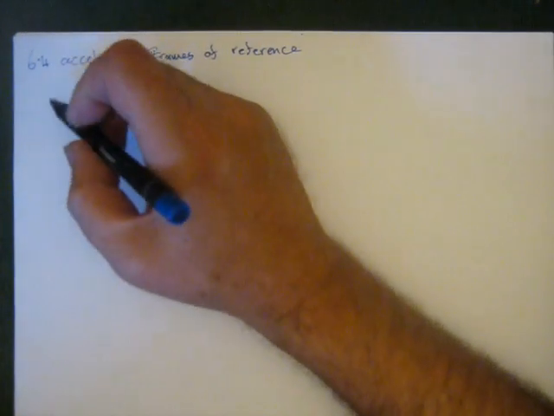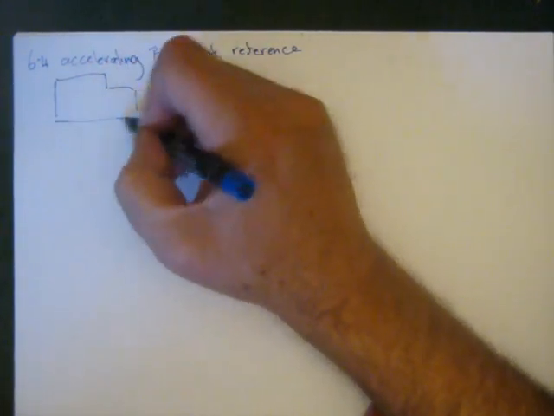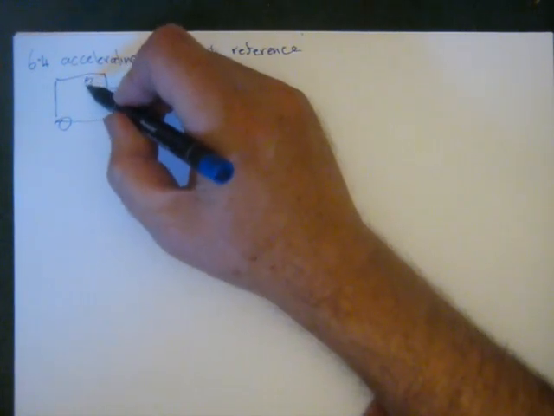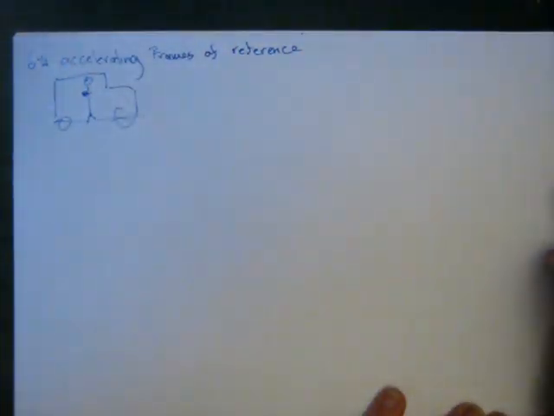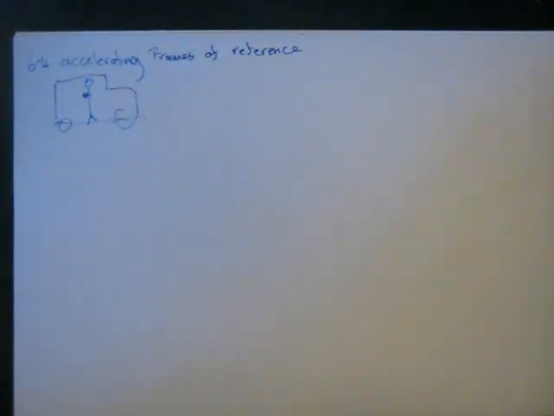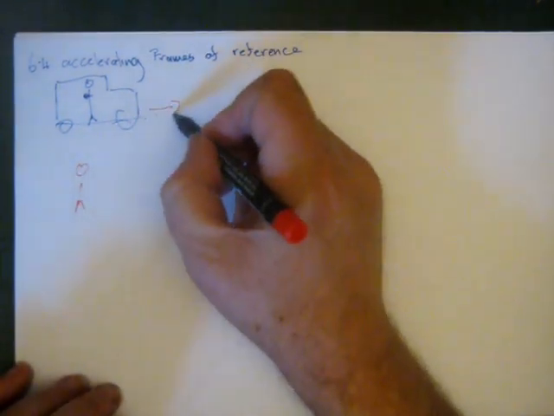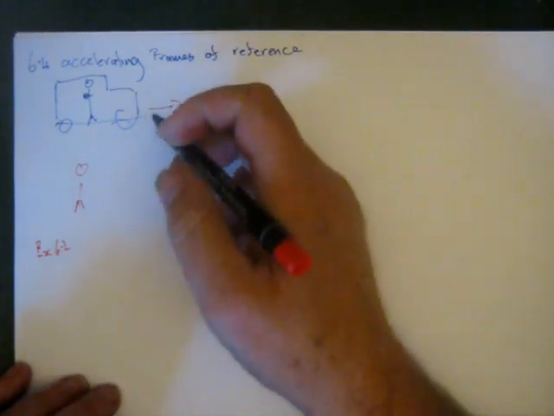However, what about if we're accelerating? So I'm in the van, and I'm there with the ball. And if I drop the ball, what happens? Well, if there's somebody on the outside, so we've got the van accelerating, this is example 6.2, just out of interest.